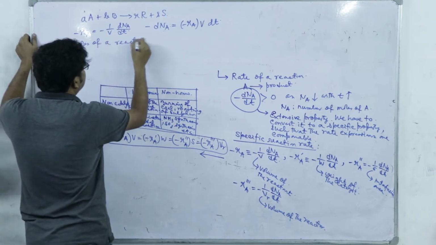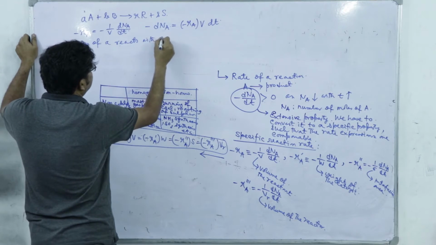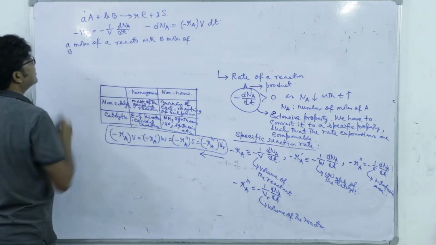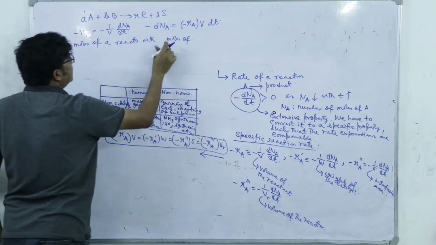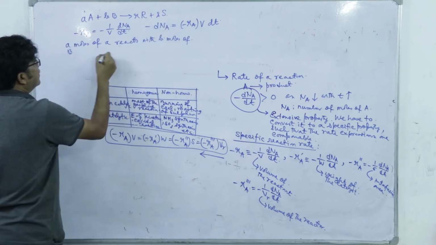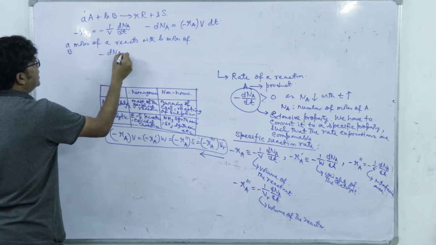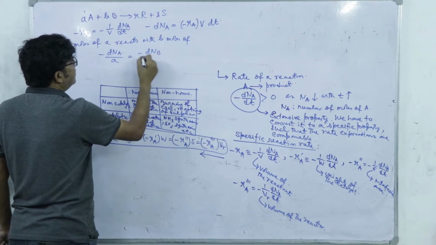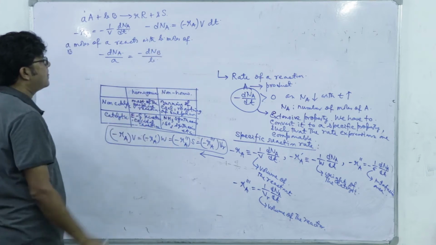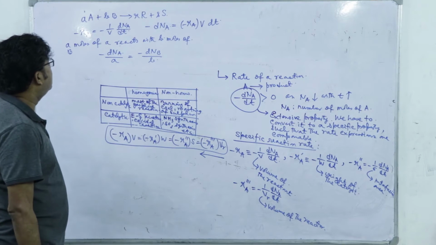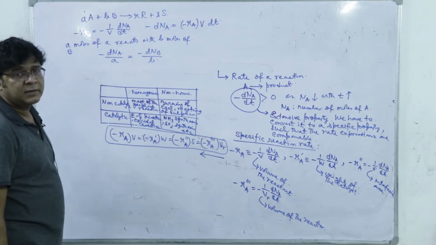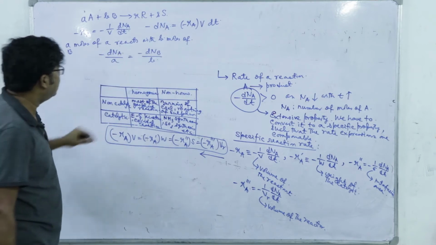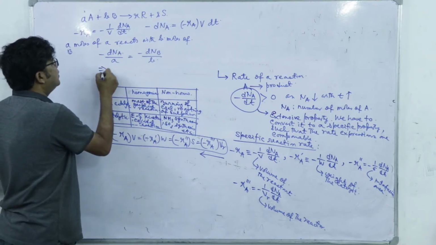Now, the point is what we have to note, small a moles of A reacts with small b moles of B, right. So, minus of dNA by a must be equal to minus of dNB by b. So, if I divide it by delta t and put a limit delta t tending to 0 and also multiply by 1 by V, what you will get?